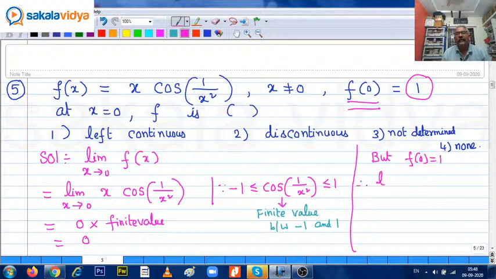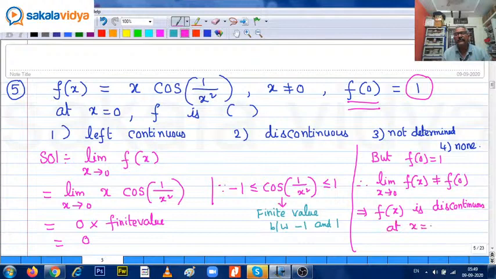Therefore, limit as x tends to 0 of f(x) does not equal f(0). It is again the continuity. Therefore, f(x) is discontinuous at x equals 0. That means the second option is the right option.